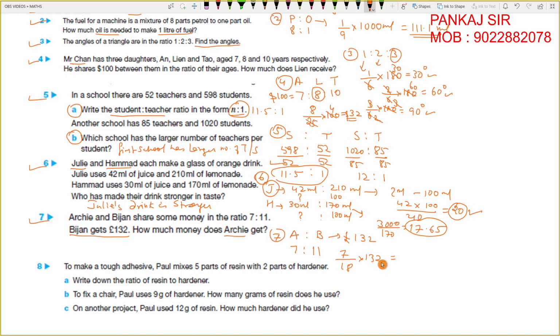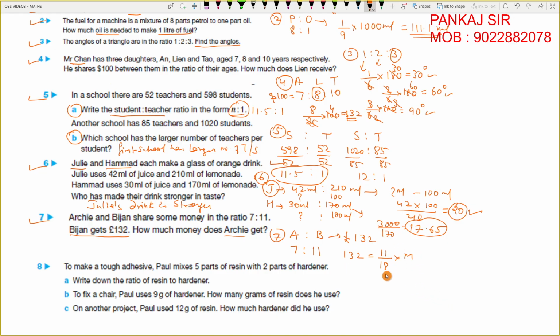So this is not the total amount. Bijan gets 132, so let us do it this way. 132 should be equal to 11 over 11 plus 7, which is 18, times the total amount, say m.